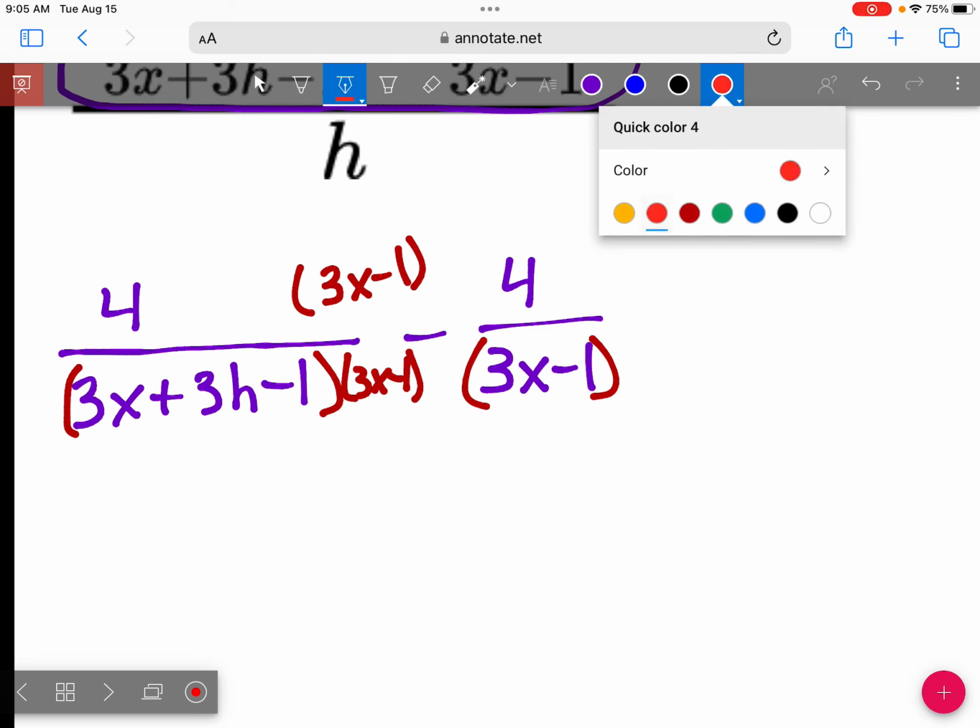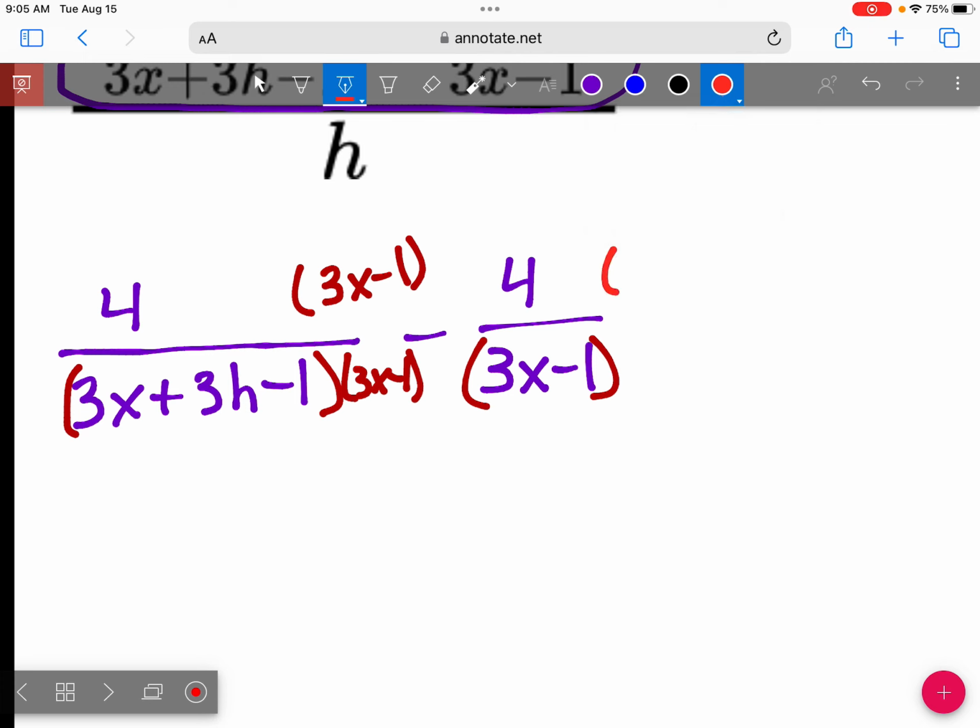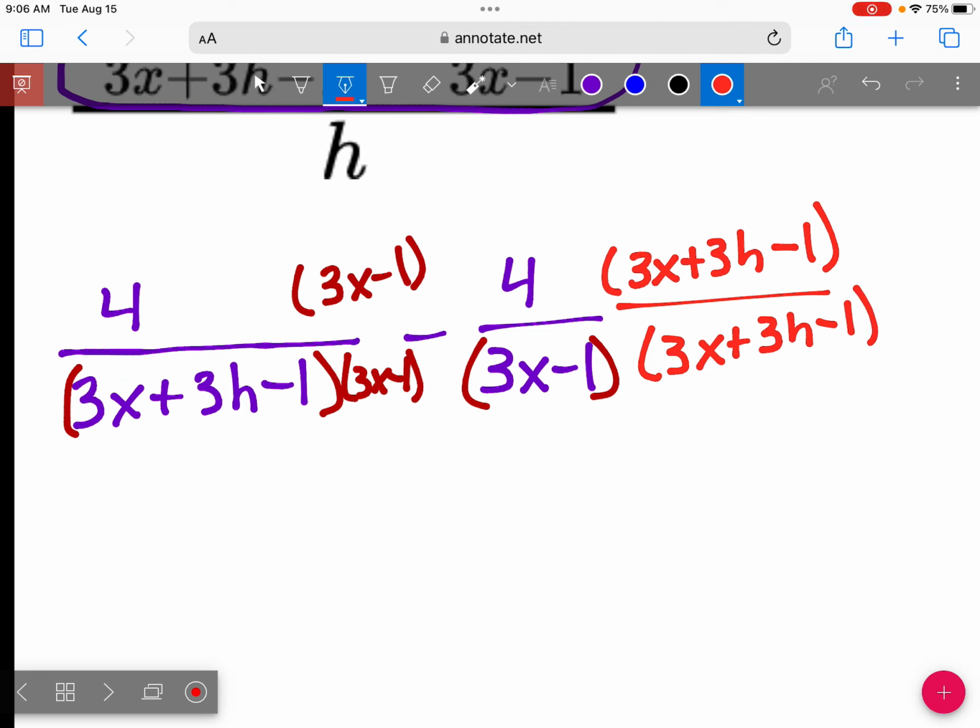The right one we're going to multiply by the whole hot mess over there, 3x plus 3h minus 1 over 3x plus 3h minus 1. This guy just means 1. He's gross looking, but he just means 1. It's the same thing top and bottom, right?